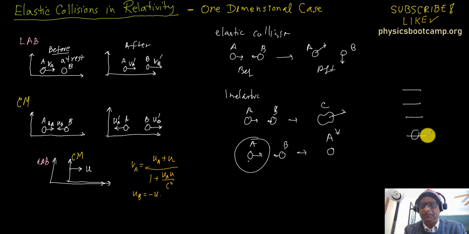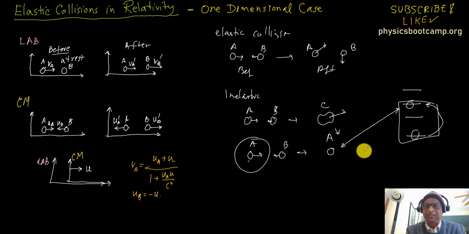So this atom got excited. It's still silver, but it has this much more energy internally. Let's say some B star. This one can even be B itself, and it didn't change this guy's state. So they look like A and B, but they're internally different. So this will be inelastic.